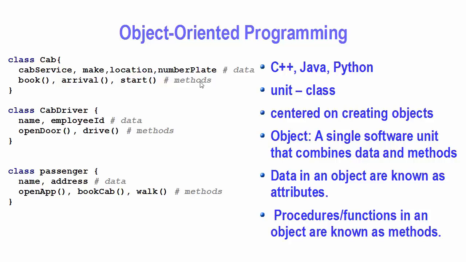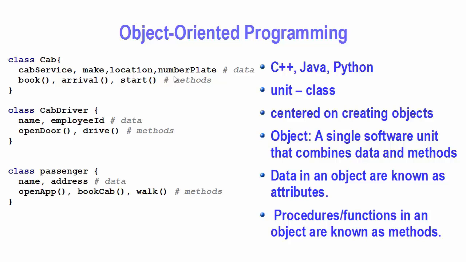And what is an object? An object is an instance of a class, and each object can have its own data and methods, and an object is able to store the state of some kind. So at which location this cab is right now, this is a state, and an object is able to store that state.